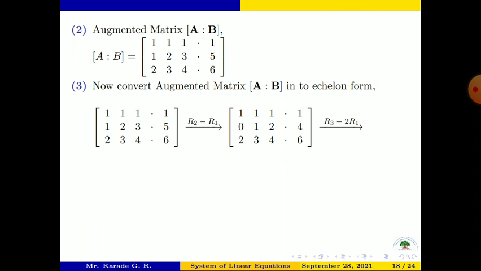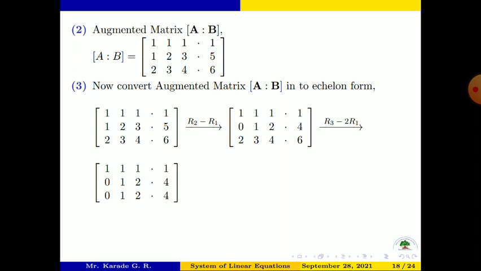Now we perform the next operation, R3 minus 2 times R1. There will be change in third row only. First two rows as it is, and the third row is now 0 1 2 4. Now again we have a leading one in second row, and below that leading one all elements must be 0.